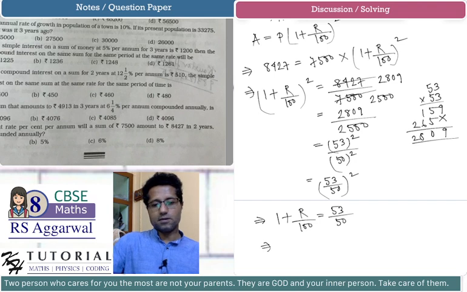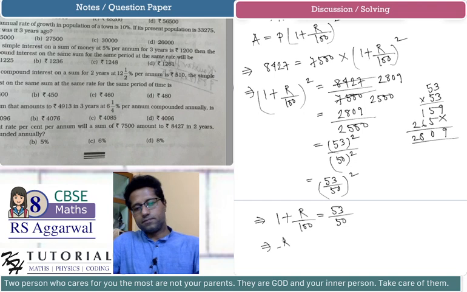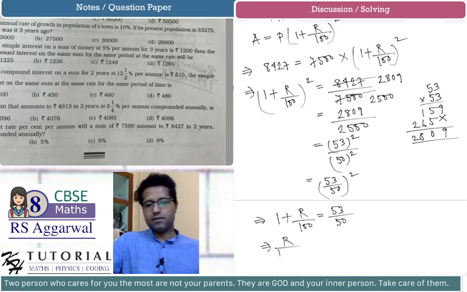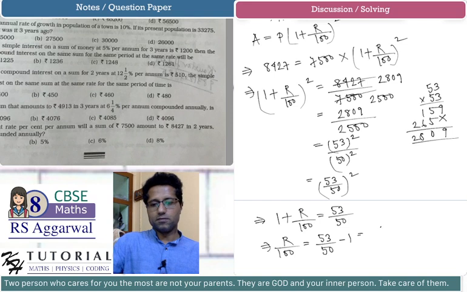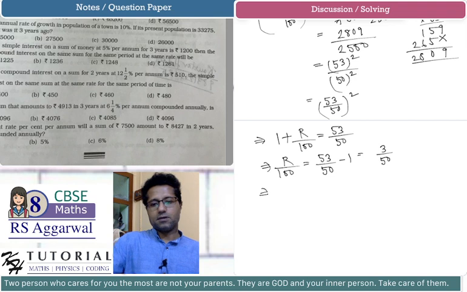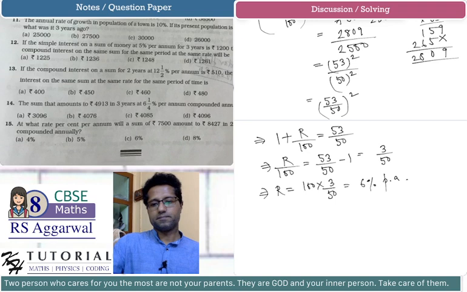So this implies r by 100 is equal to 53 by 50 minus 1, which is equal to 3 by 50. So r is equal to 100 multiplied by 3 by 50, which is equal to 6. So r is 6% per annum, and hence the correct choice is C. The correct choice is C.